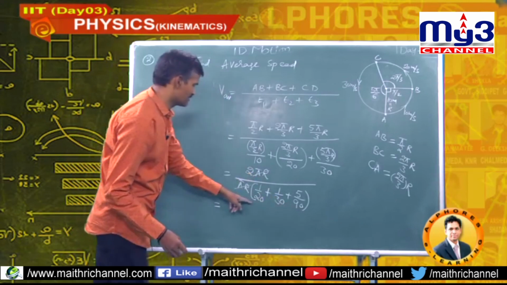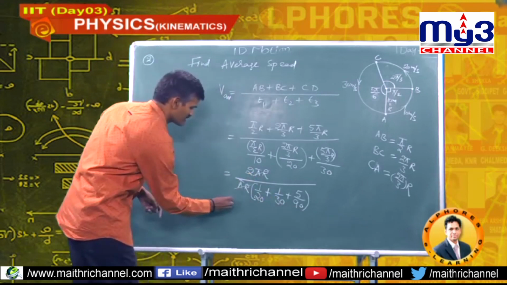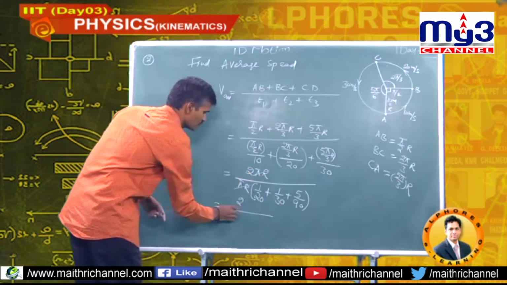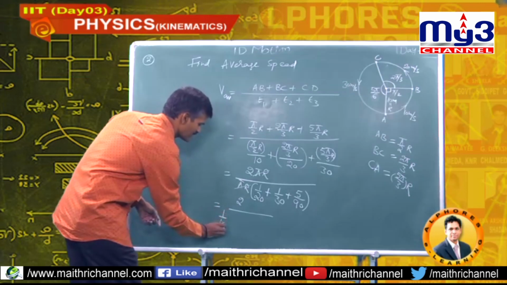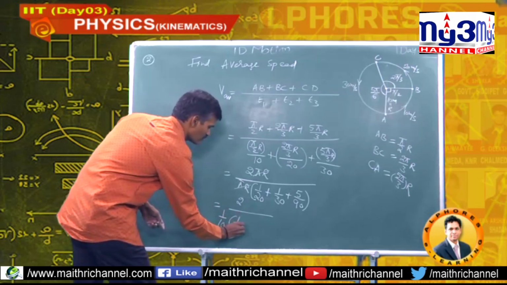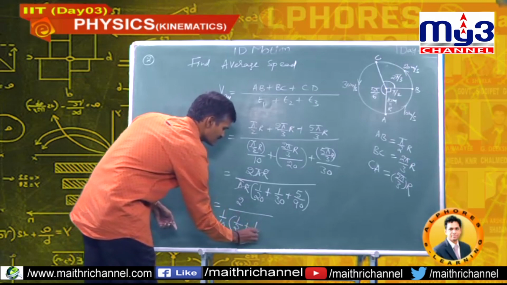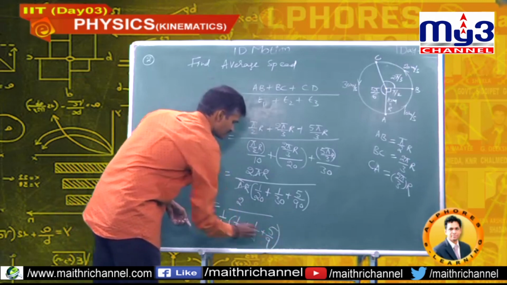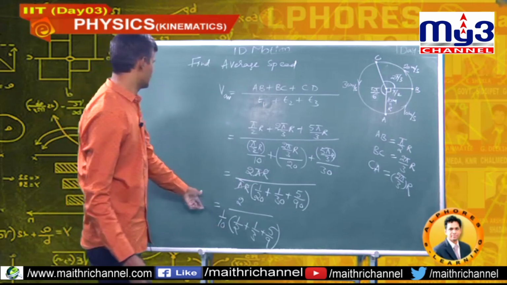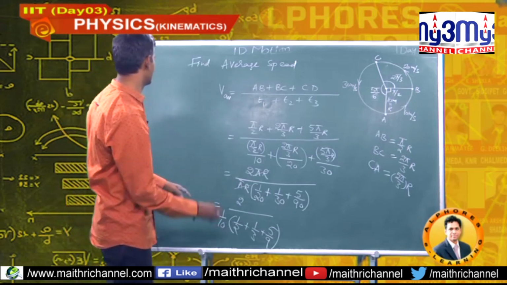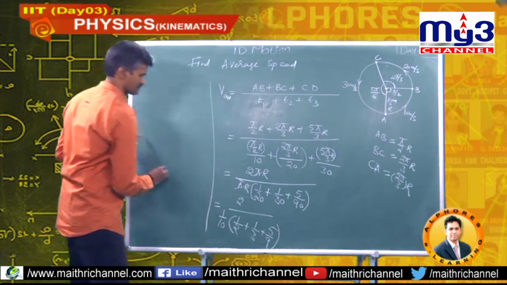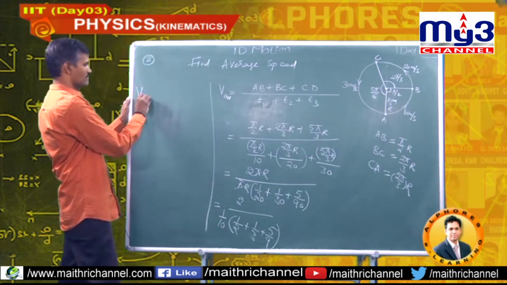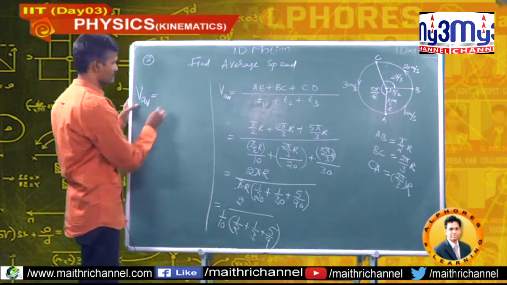On taking common 0, 0 goes to numerator. So, this is 2 by 1 by 10 into 1 by 2 plus 1 by 3 plus 5 by 9. I am calculating the LCM here.